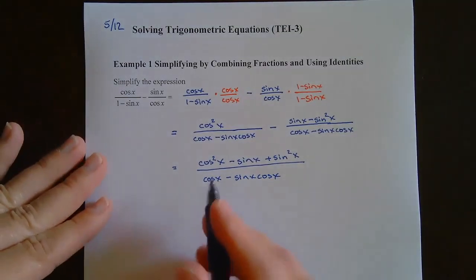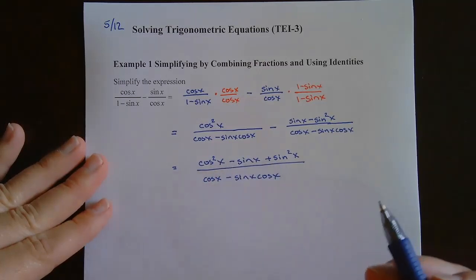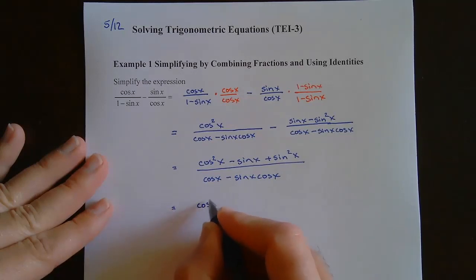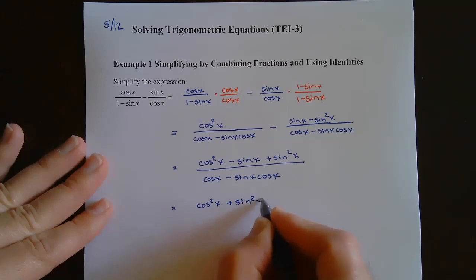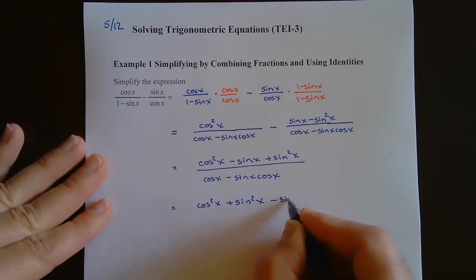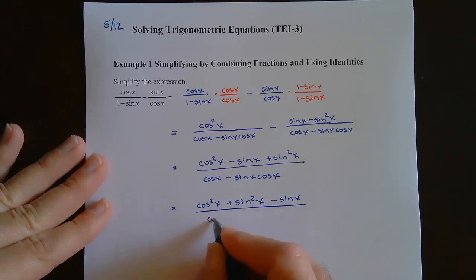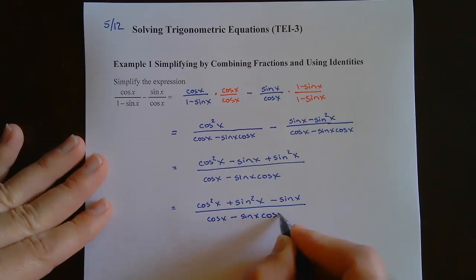So if you look at this, okay, this cosine squared x plus this sine squared x, those two together make 1, right? So I could rewrite this as cosine squared x plus sine squared x minus the sine x, all over cosine x minus sine x cosine x.